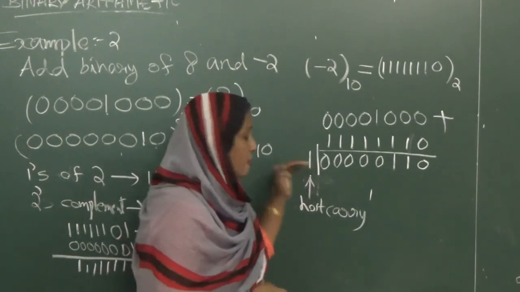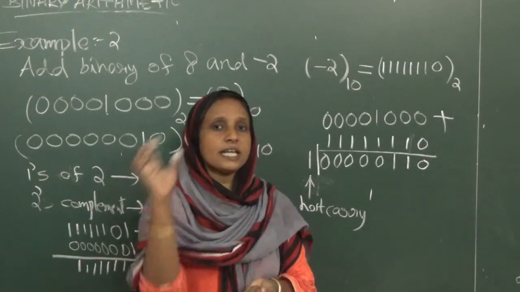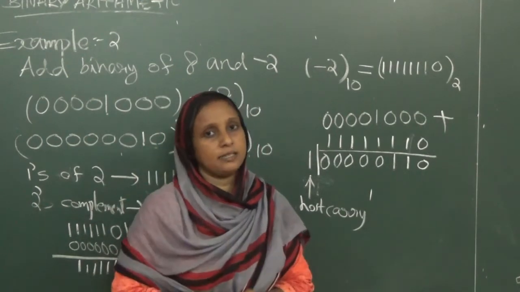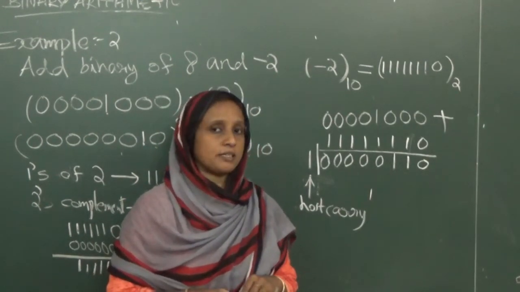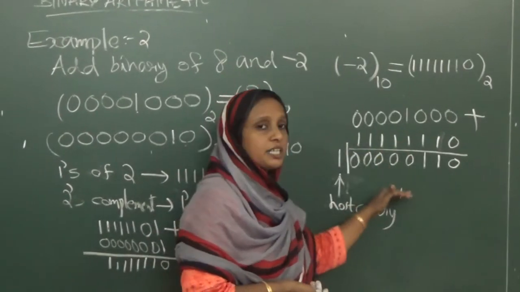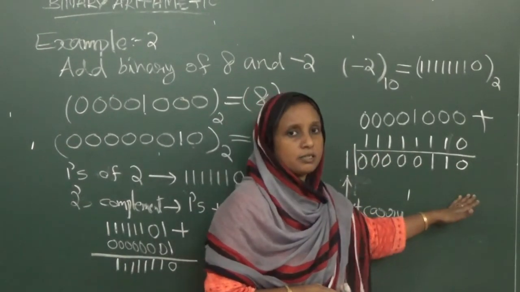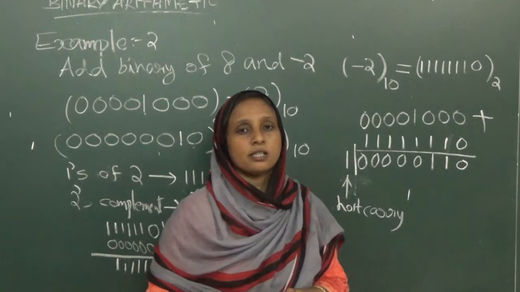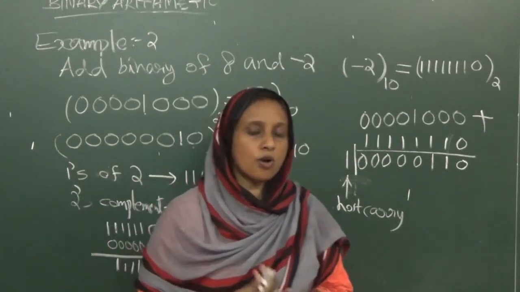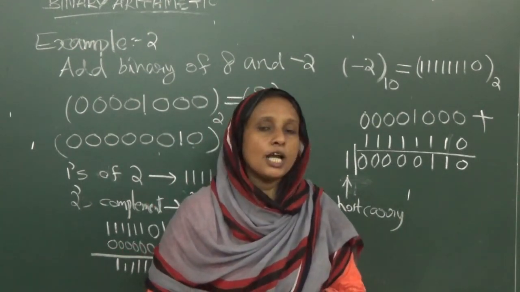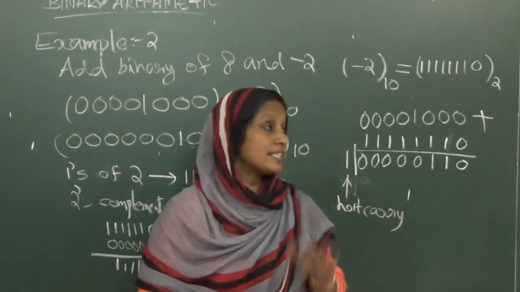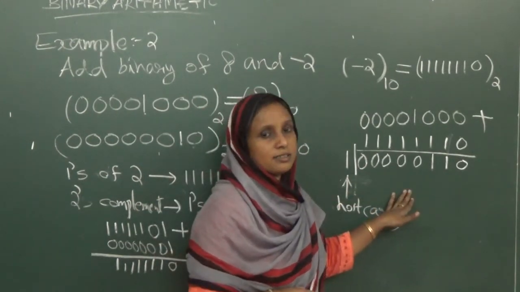Because our register has only 8-bit capacity. But here our addition gives 9-bit result. So the last bit is lost. So it is called lost carry. But still you get the correct result.